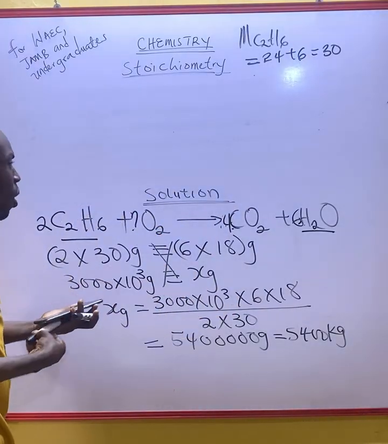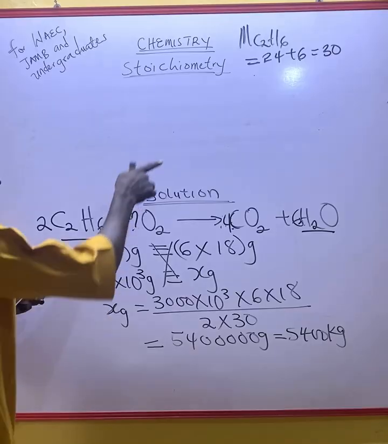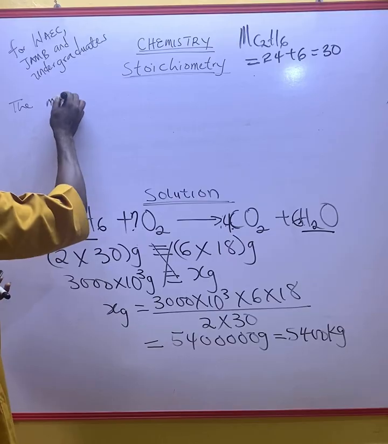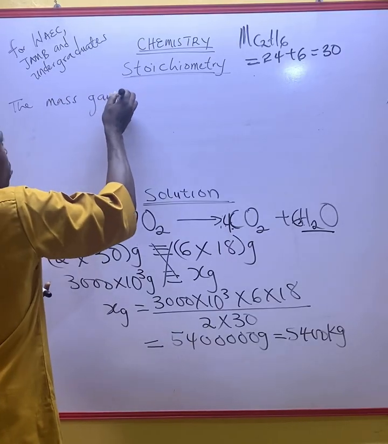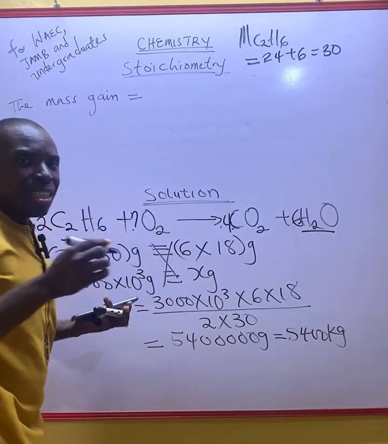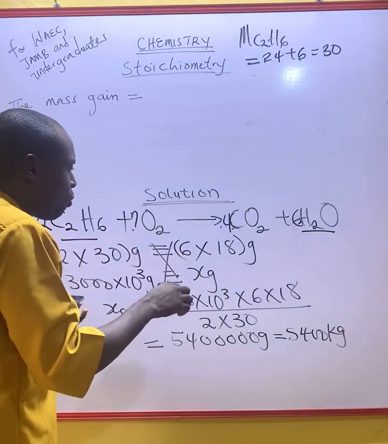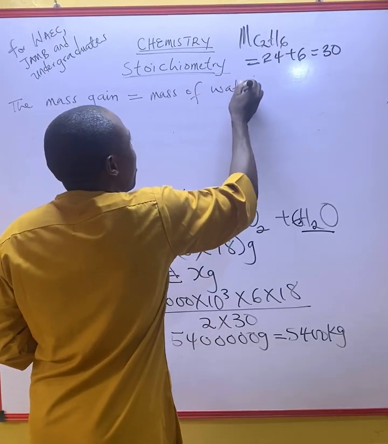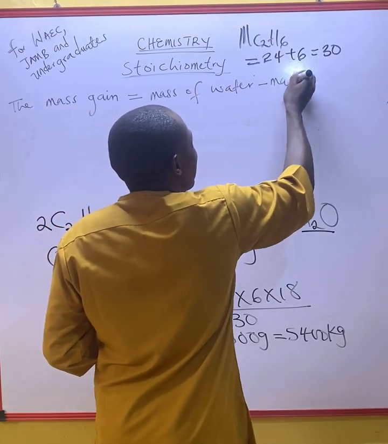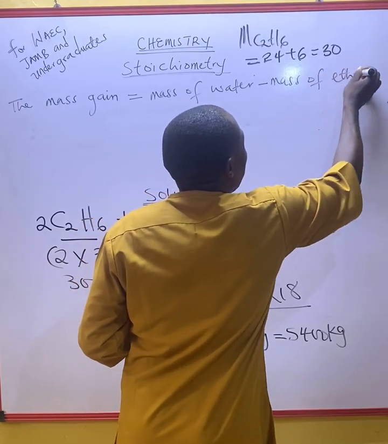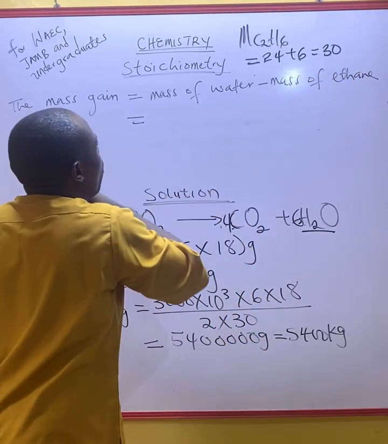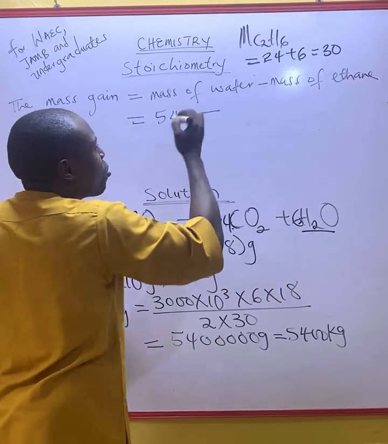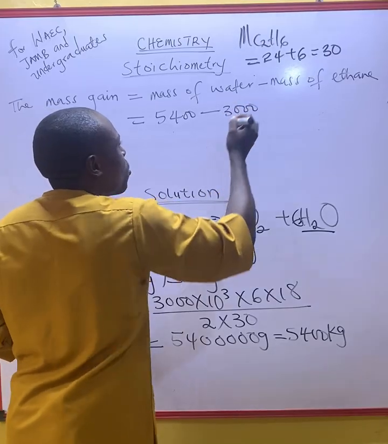Now, to calculate the mass of the water gain, the mass gain is equal to the mass of water minus the mass of ethane, which is equal to 5,400 minus 3,000.